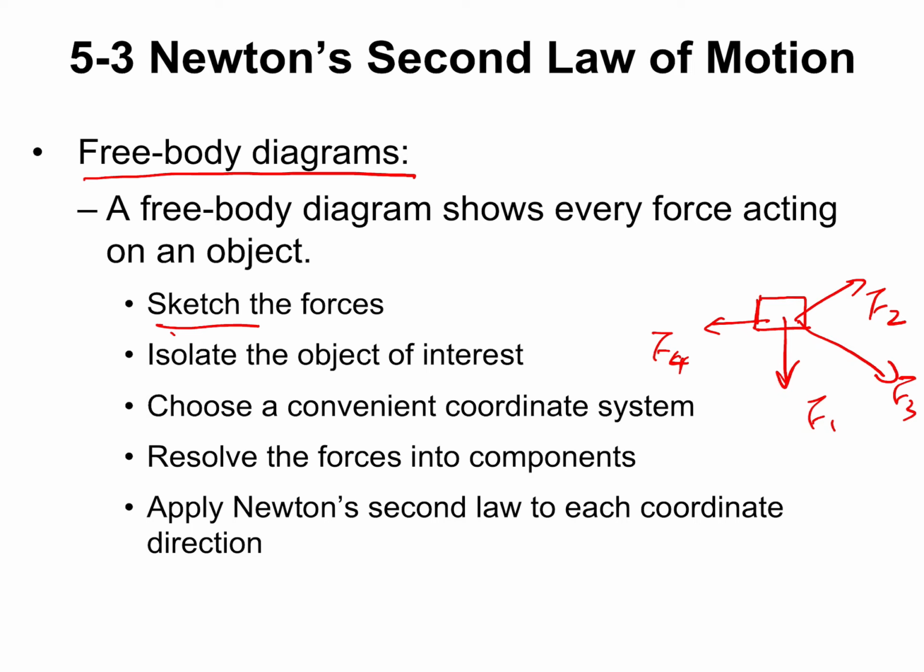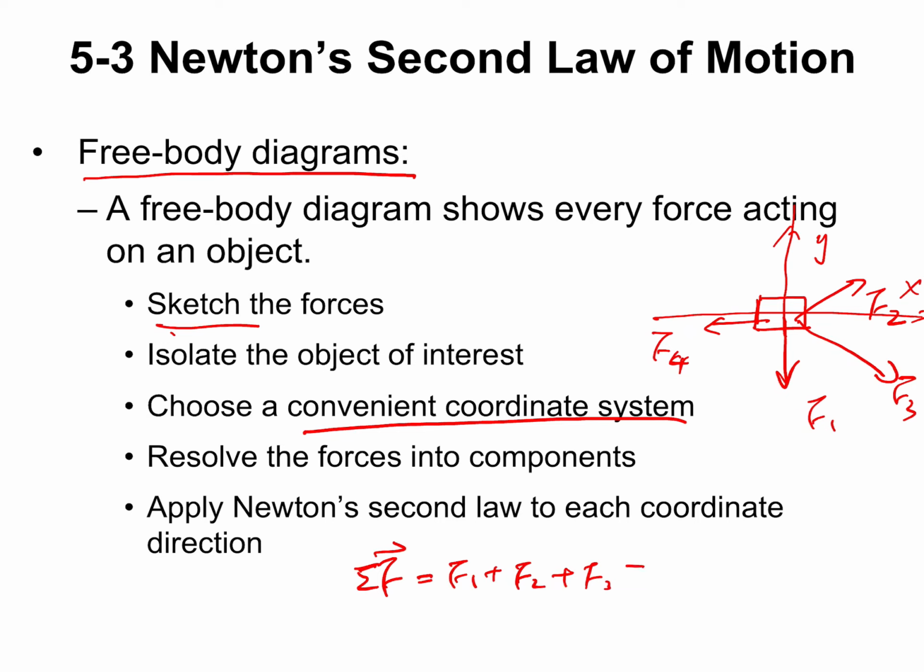Then you choose a convenient coordinate system, usually x and y, and you add all those forces together. So the net force equals F1 plus F2 plus F3 plus F4. Those are vectors, so how do you add them?